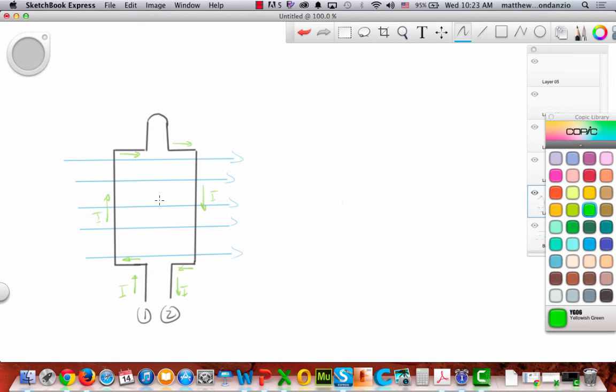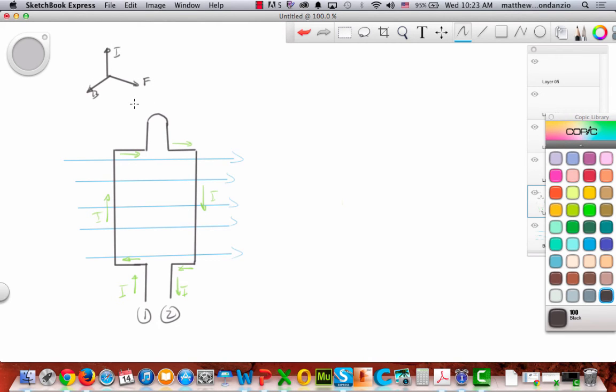Now that we have that, let's do our right-hand rule, where if this is my I, this is my B, and this is F. I, B, F, right?